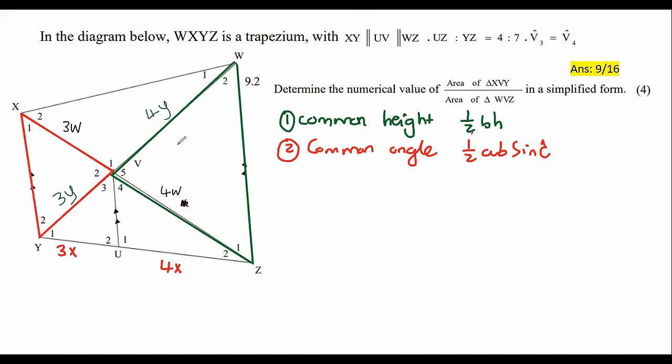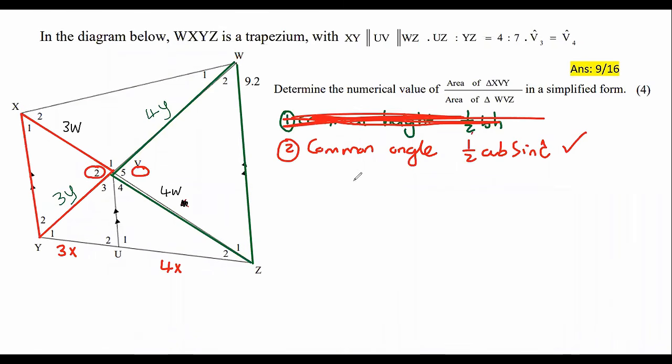Well, they definitely don't have a common height, but they do have the same angle. It's not a common angle really, but it's the same. V2 would be exactly the same as V5 because of vertically opposite angles. So we're not going to use option number one. We're rather going to use option number two.